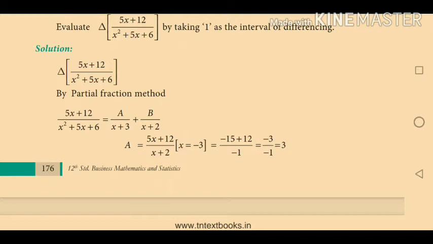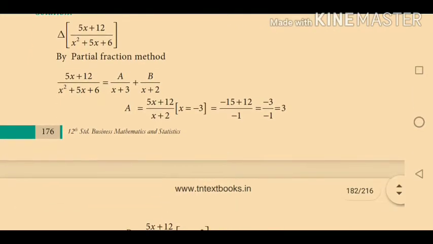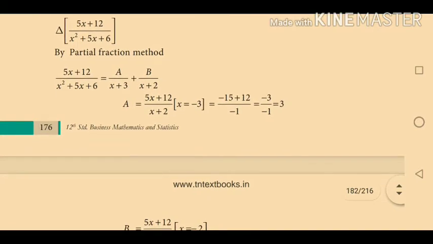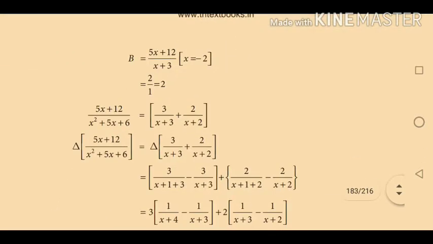By factorizing x square plus 5x plus 6, it equals a by x plus 3 plus b by x plus 2. Therefore a equals (5x plus 12) by (x plus 2), by cross multiplication. Then putting x equal to minus 3, we get a equal to 3. Likewise you have to find b, which is 2.